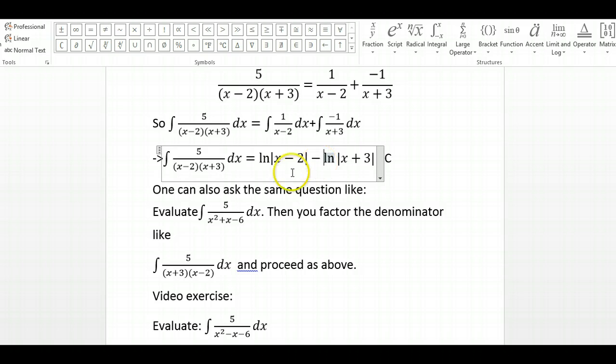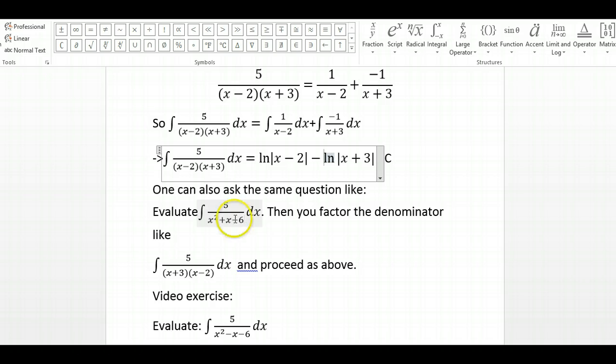Now, usually when this question is asked, it is not asked like this, where the factors are neatly given. You will get a question like this, where you will have the denominator to integrate, say, 5 over x squared plus x minus 6. So the thing to do would be to immediately recognize that U-substitution will not work, and that we need to use partial fractions and go ahead and factor the denominator.